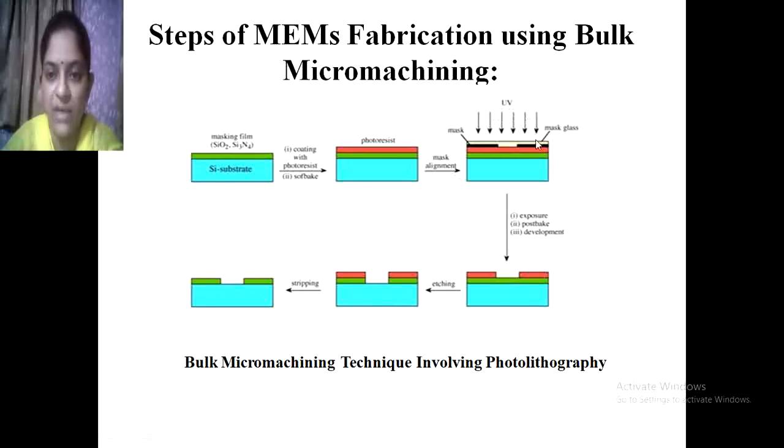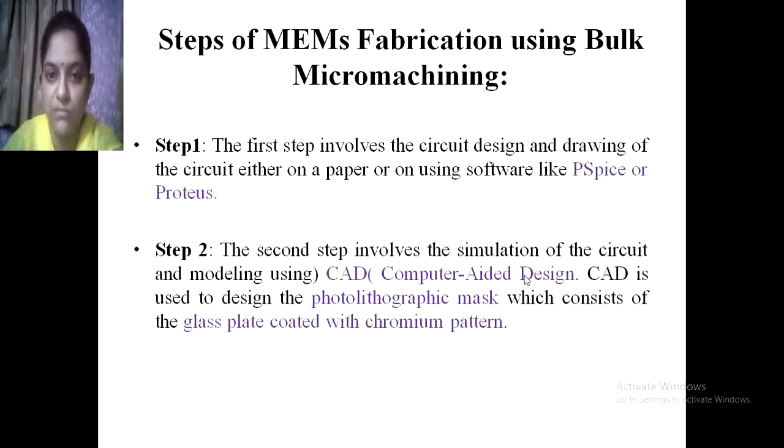Ultraviolet light passes through the glass mask, and the photoresist is exposed and developed. After that etching is used to remove this part, and then stripping, so the final product looks like this. Let us see in brief the steps of MEMS fabrication using bulk micromachining.